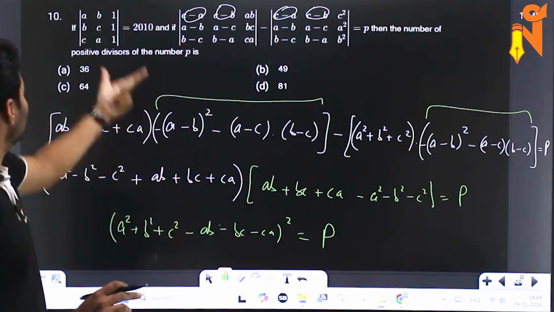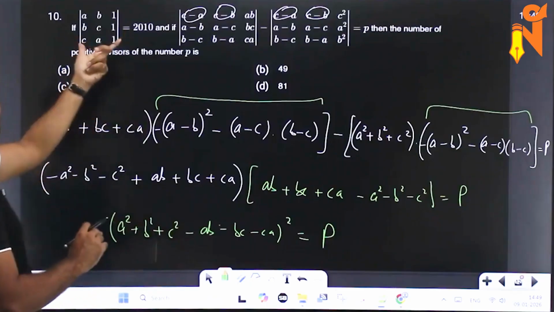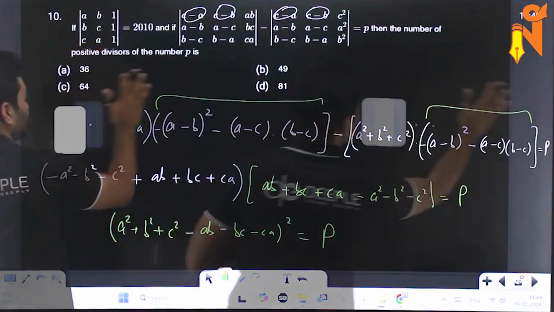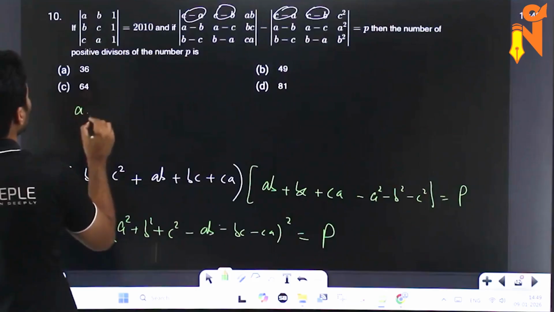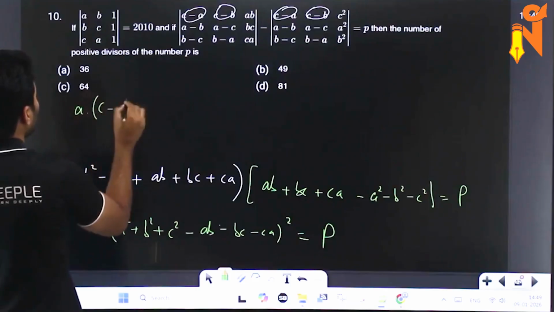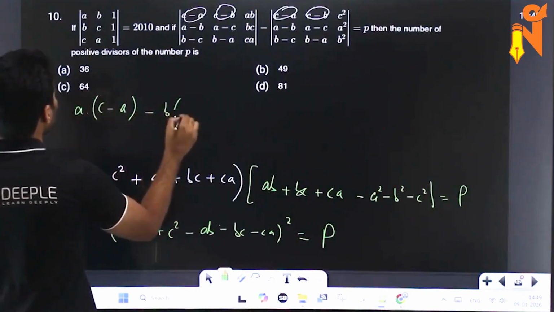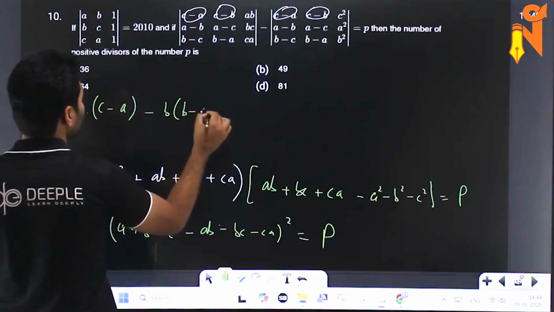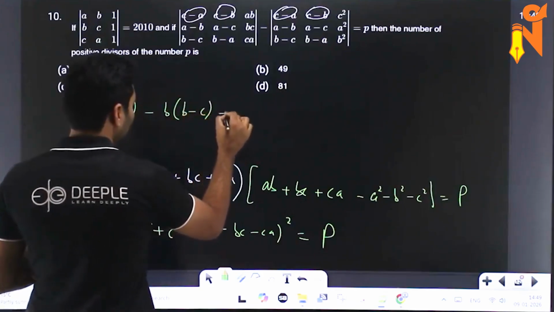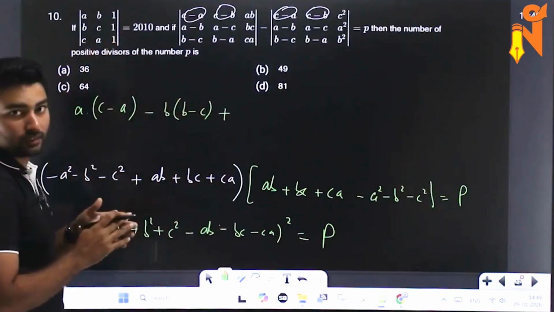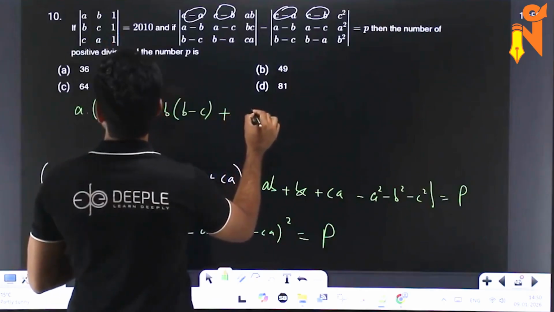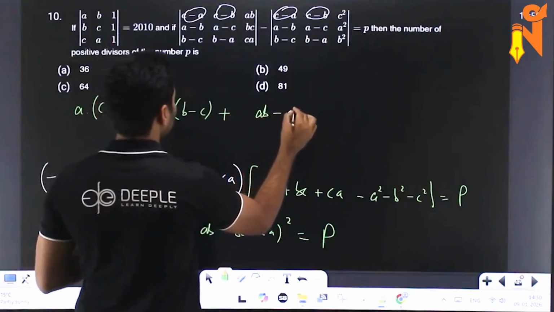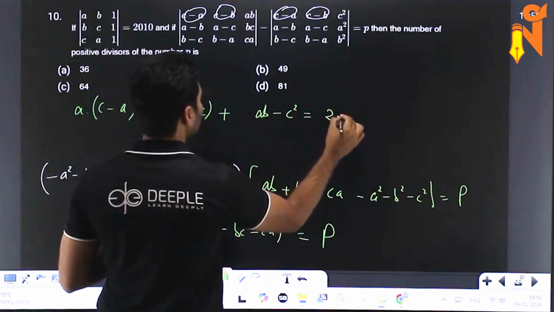Now let's focus on this part. What is this? If you open this expression, what will you get? A into C minus A, minus B into B minus C. Maybe some of you remember this determinant, because it's very famous. Then 1 into AB minus C square equals how much? 2010.